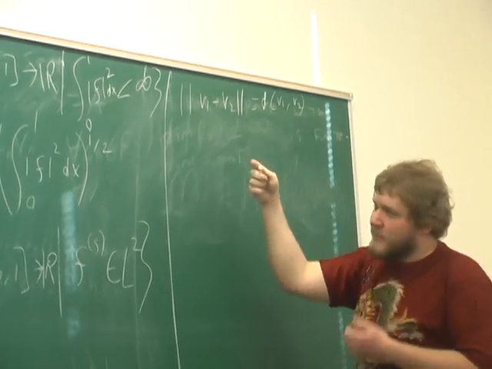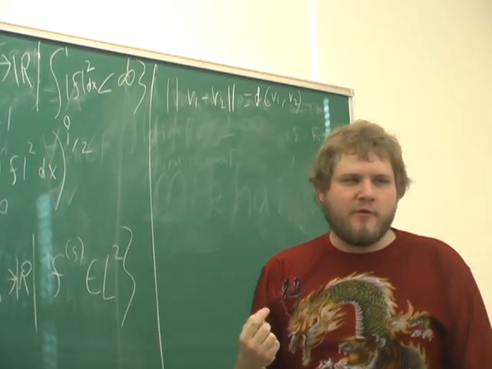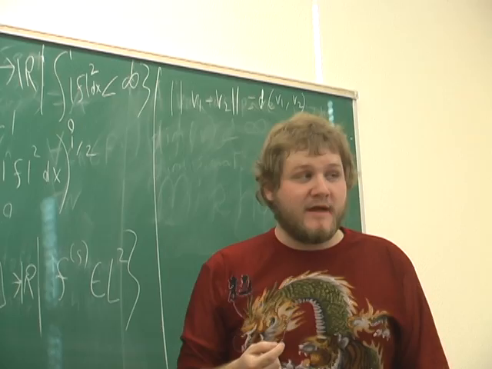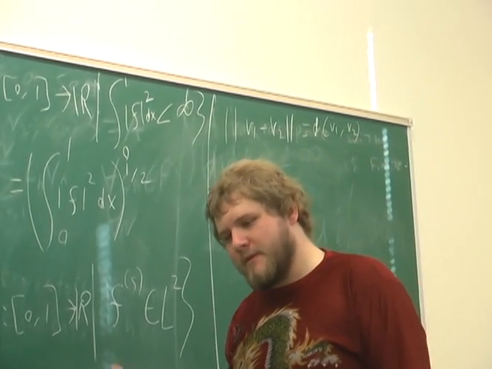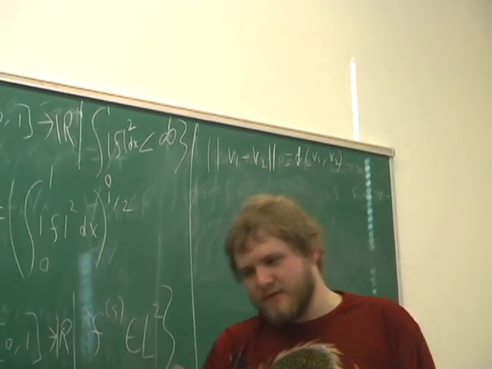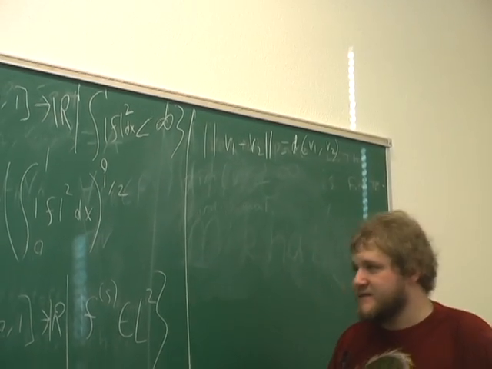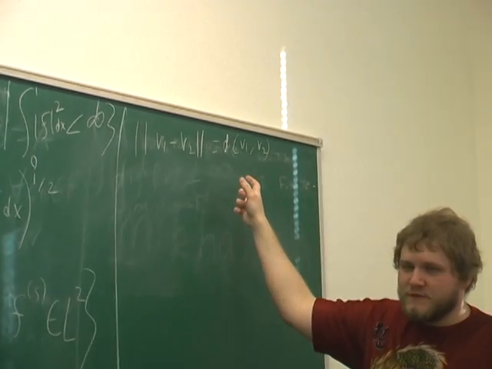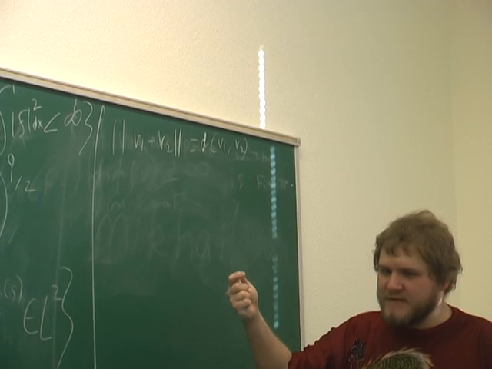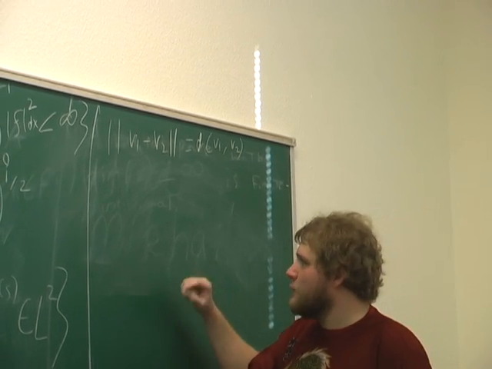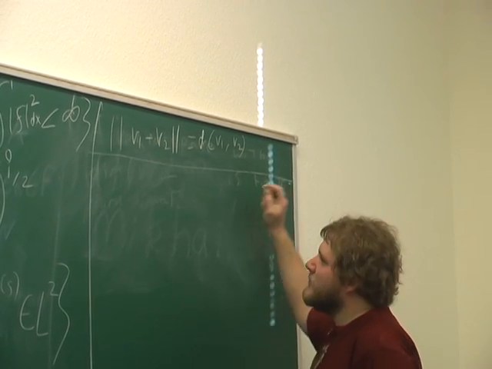So every norm induces a metric, and therefore we can treat every normed space as a metric space. The important bit in functional analysis is this metric space. When we view this normed space as a metric space, we require it to be complete. So first we'll discuss what that means a little bit.